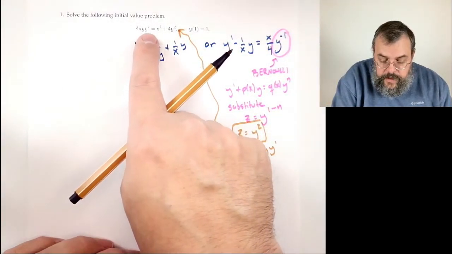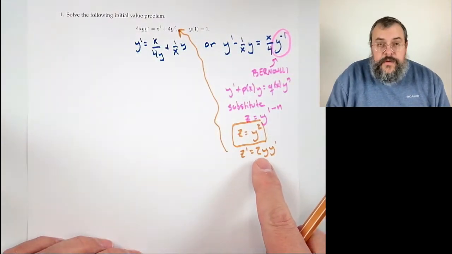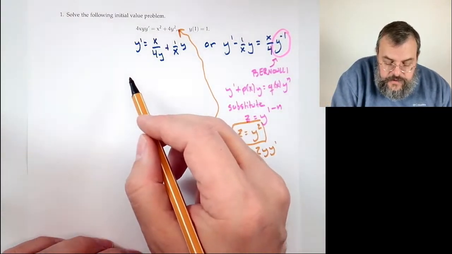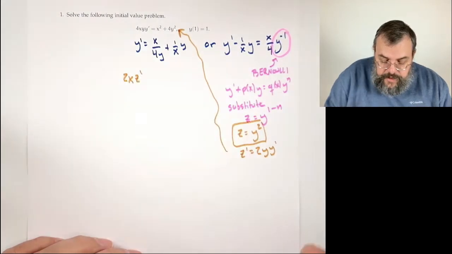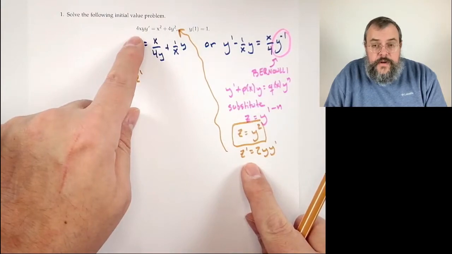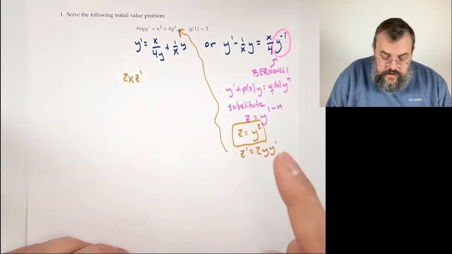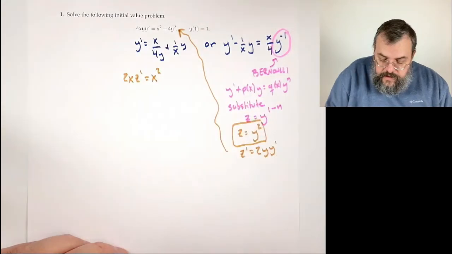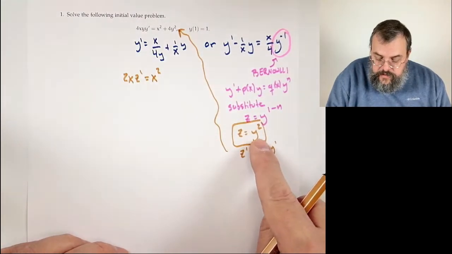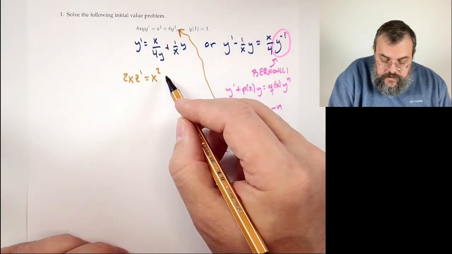There's a 4y y prime. Well, that's almost 2y y prime. It's just off by a factor of 2. So we can write this as 2x z prime. So that's the first term, equals x squared. Well, that stays the same. We're only changing things with y. And then the y squared becomes z plus 4z.